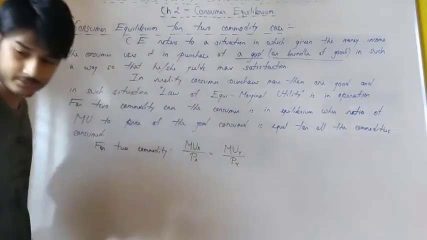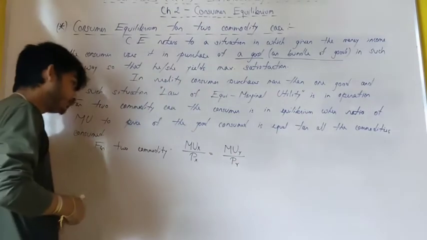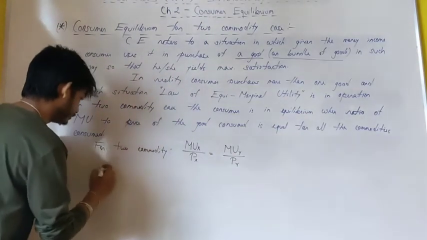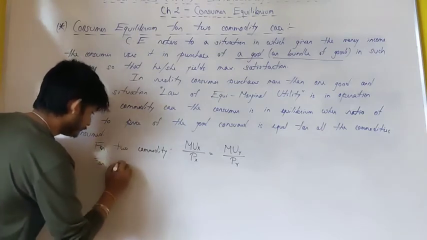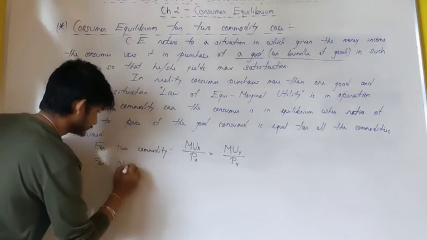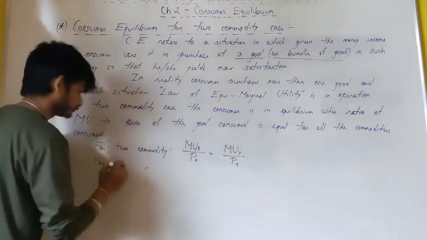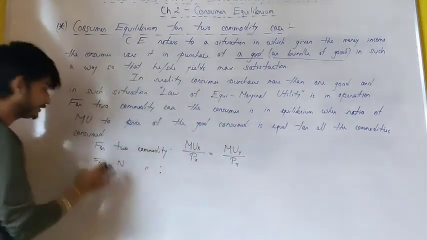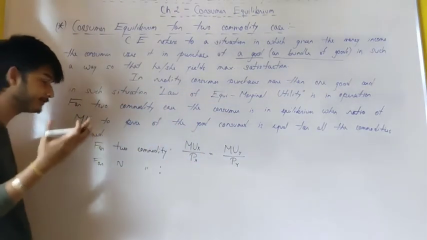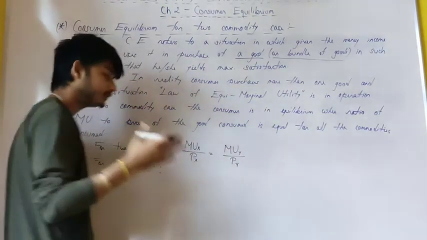When the consumer will be consuming more than two or three commodities, for n commodities, where n is a finite number, that could be 2, 3, 4, 5, 6, 10, but not 1.